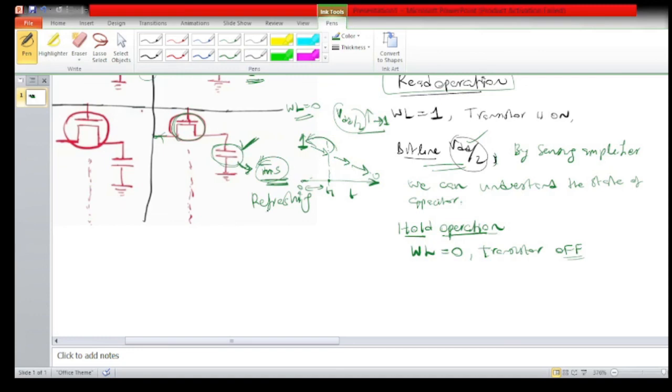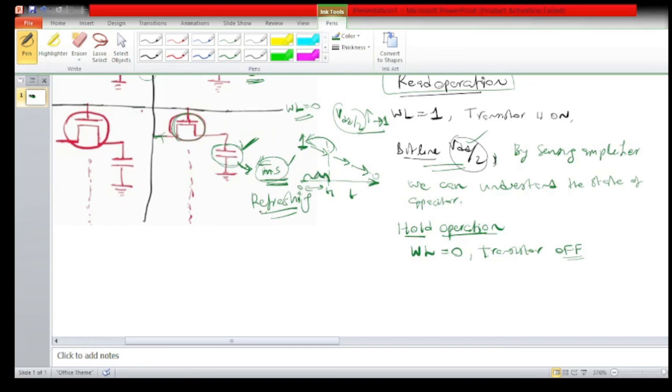This refreshing has to happen within a very few milliseconds, and it is done automatically by using some additional circuits, including counters. Counters will determine with what time this capacitor has to be recharged again.